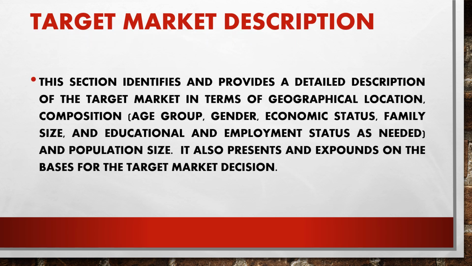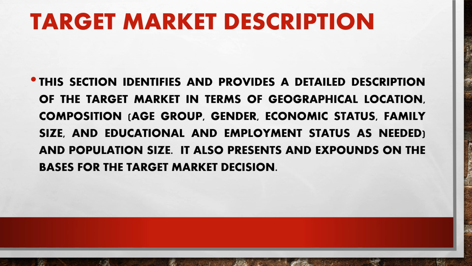The first section of Chapter 3 is the target market description. You have to first analyze the nature of your product, whether it is a consumer good or an industrial good, in order to properly identify your target market. Of course, if you will be producing consumer goods, you have your set of customers or consumers as your target market.